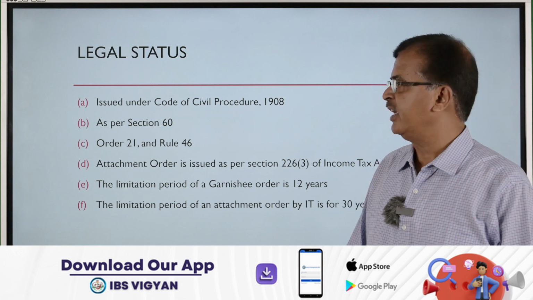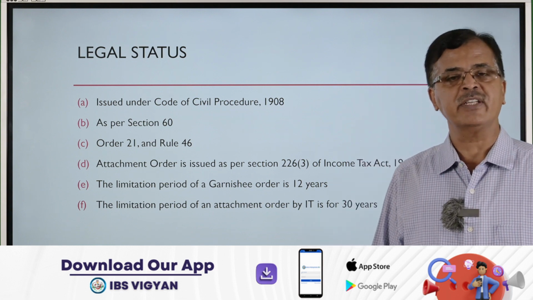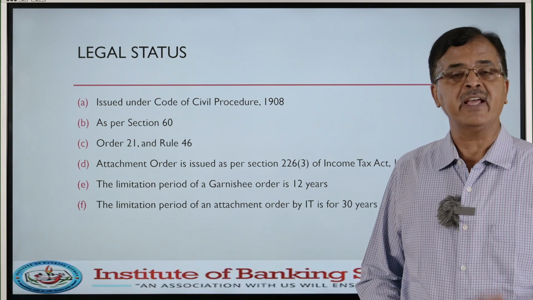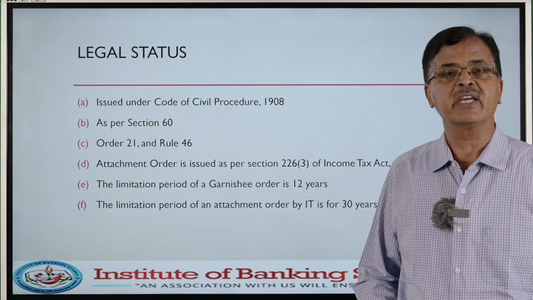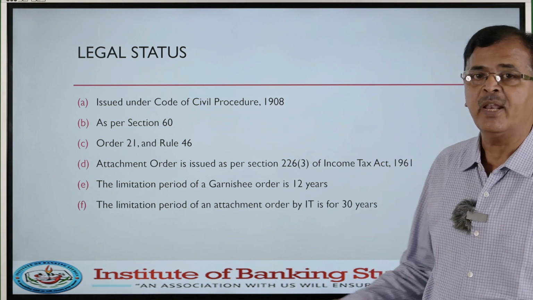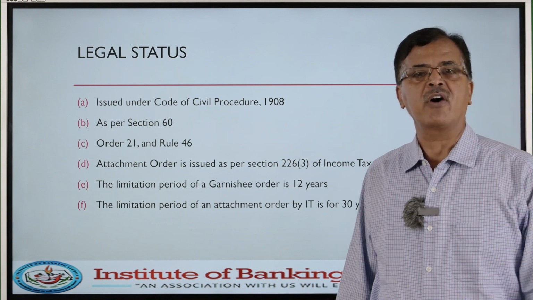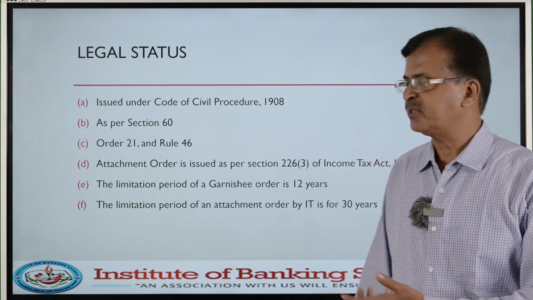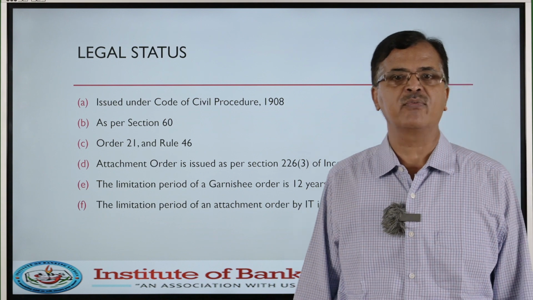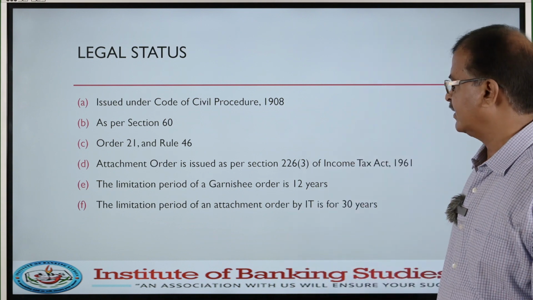As per Section 60, Order 21, Rule 46, garnishee orders are issued on banks for attaching the funds lying to the credit of a particular customer. Similarly, revenue authorities normally issue attachment orders as per Section 226, subsection 3 of the Income Tax Act.